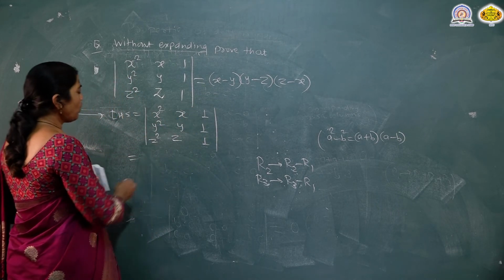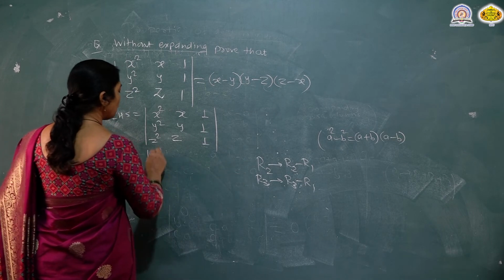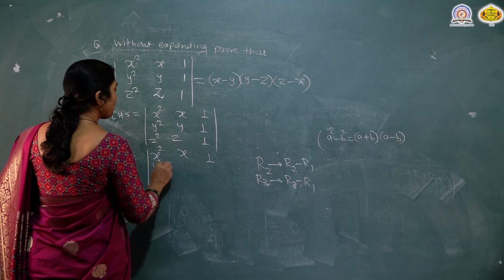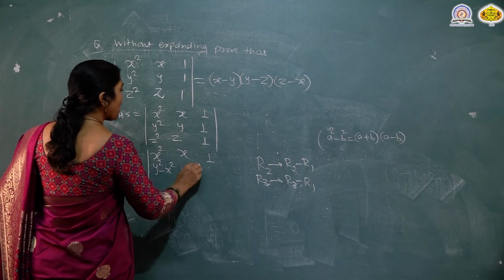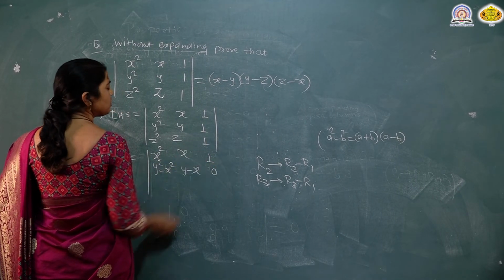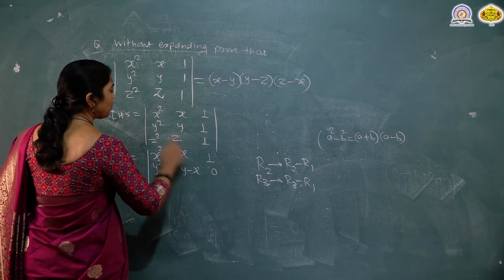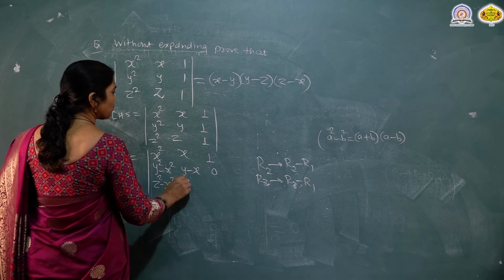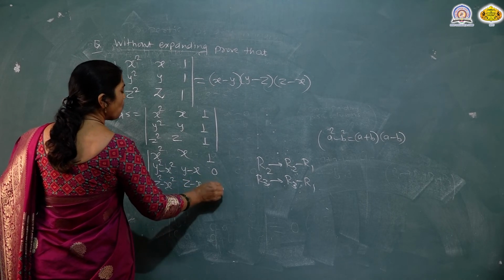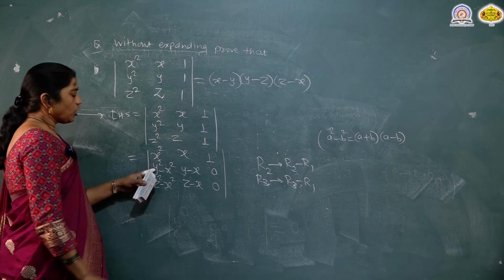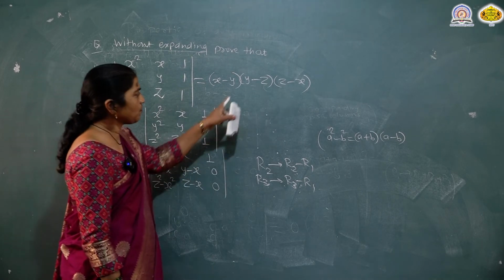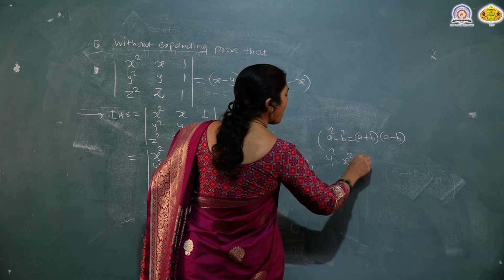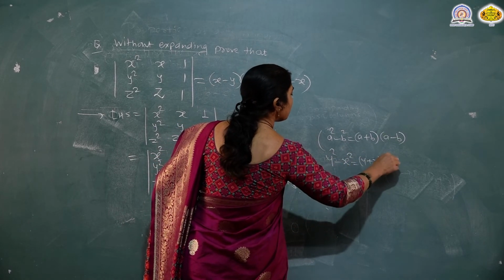It becomes y square minus x square, y minus x, 1 minus 1, 0. Similarly, R3 goes to R3 minus R1, giving z square minus x square, z minus x, 0. Now, y square minus x square is y plus x into y minus x.